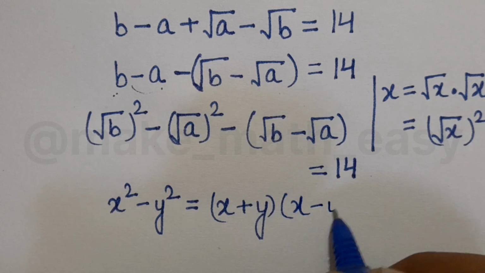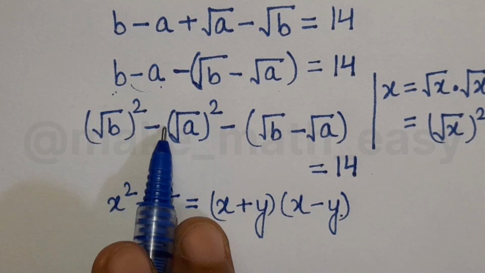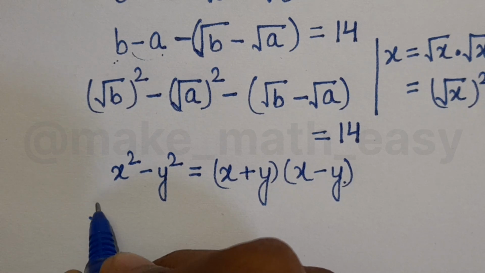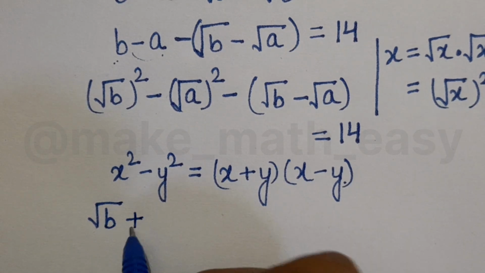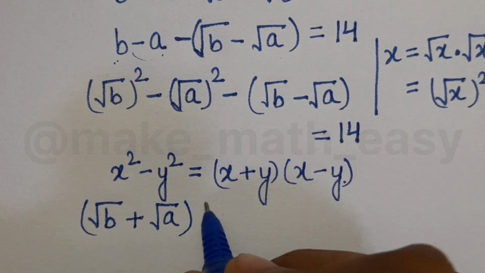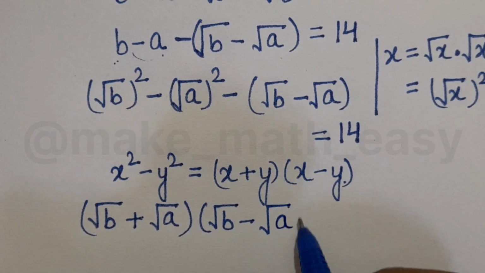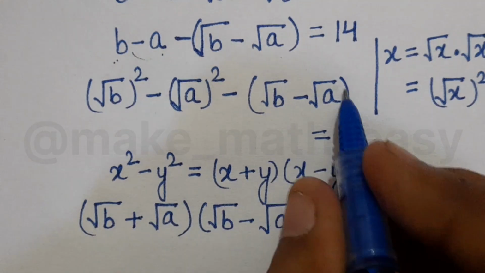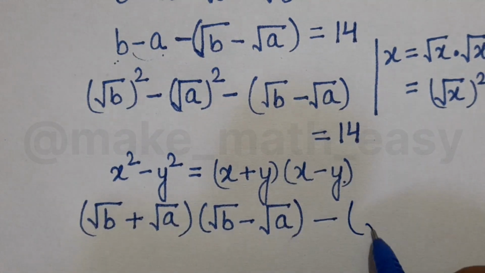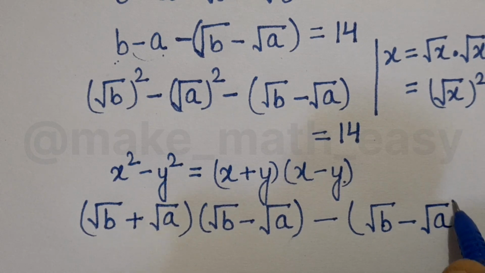into x minus y. Applying this formula here, we get root b plus root a into root b minus root a minus as it is equals to 14.